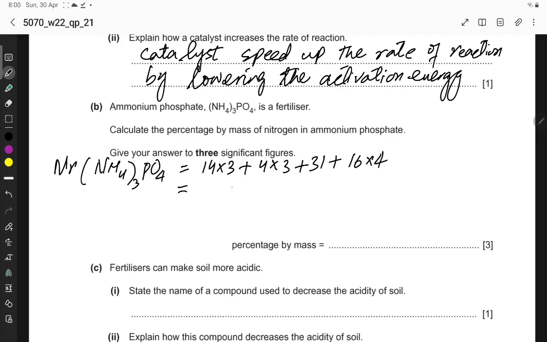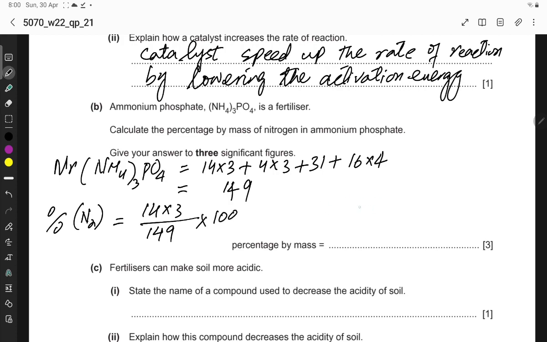So this is equal to 149, and the percentage of nitrogen is equal to 14 into 3 divided by 149 into 100. So the answer is 28.18.